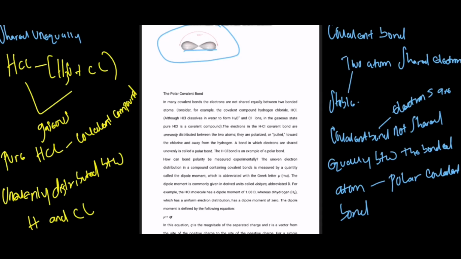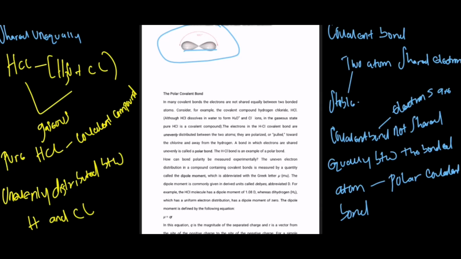They are pulled towards the chlorine and away from the hydrogen. That is the explanation of a polar covalent bond: simply a covalent bond where electrons are shared unevenly. Then we take a good example, hydrogen chloride.